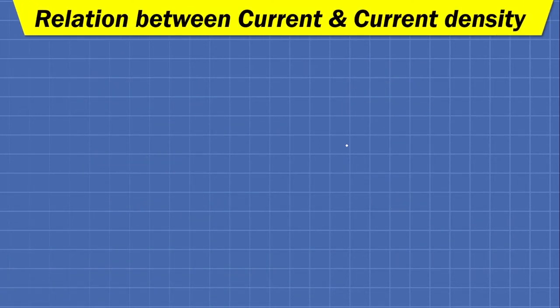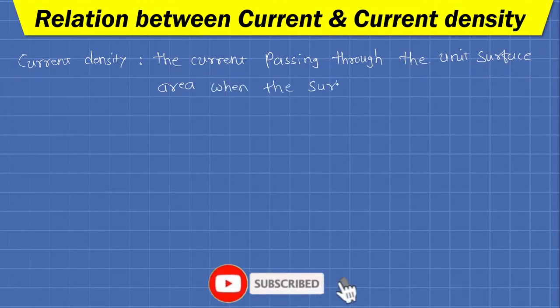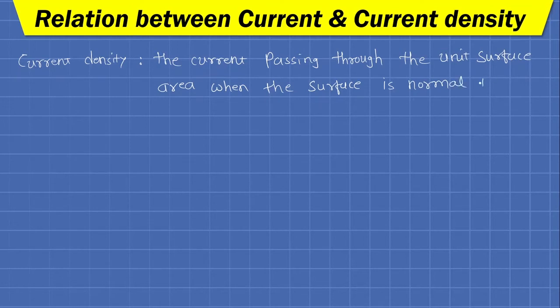So now the current density is defined as the current passing through the unit surface area when the surface is normal to the direction of current.